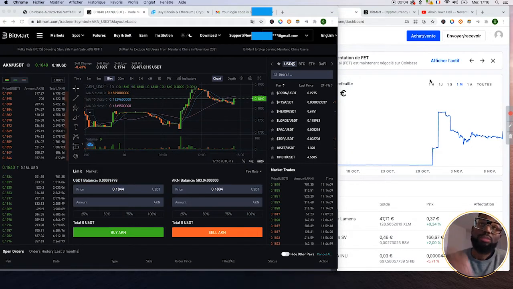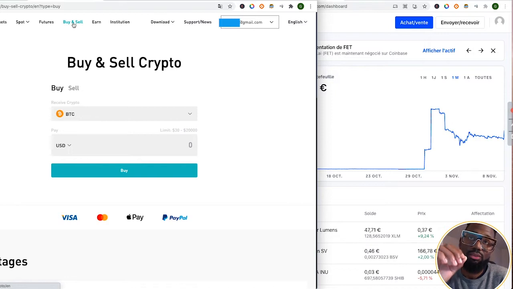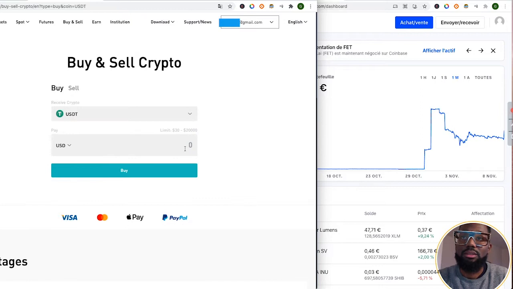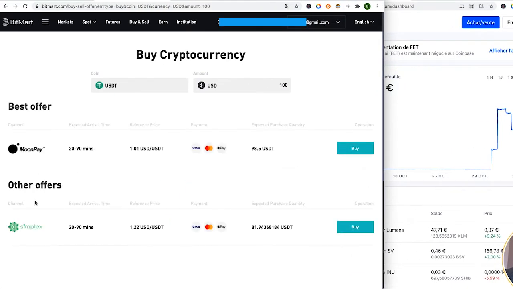What people do is buy and sell here, and for me it's not the best way because they charge you a lot of fees. Look, I want to buy maybe $100 of USDT. I click on buy. I can choose MoonPay or Simplex. Look, the delivery time: 20 to 90 minutes.